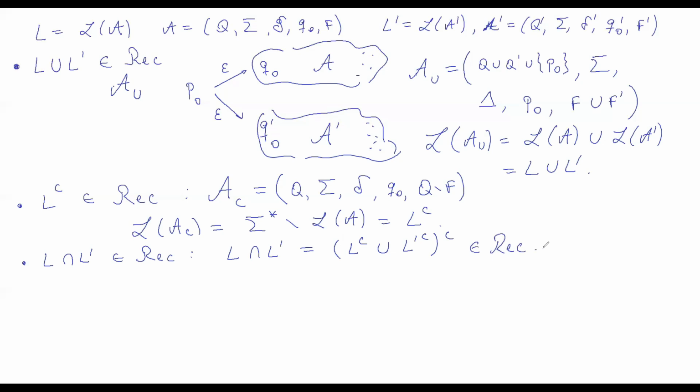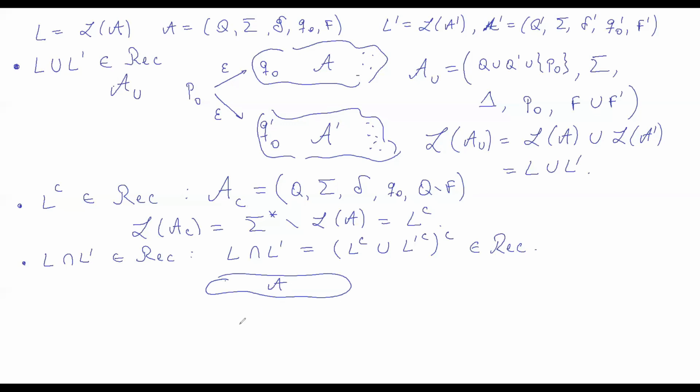But as a matter of fact, I think it's really educational to think about a direct construction. And the direct construction goes something like this. What I would like to do here is a sort of Cartesian product of the two automata.